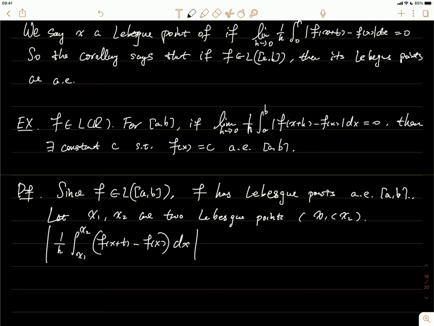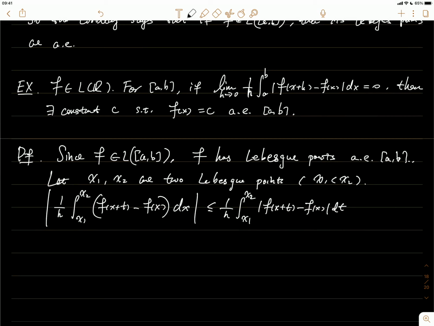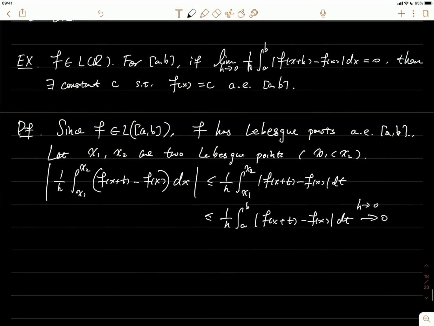Taking the absolute value inside, we know that this is going to be less than or equal to the integral over the interval x1 to x2, which will be less than or equal to the integral over [a, b], because the integrand is non-negative. And we know that this goes to 0 as h goes to 0. That's what we know about this integral on the one hand.